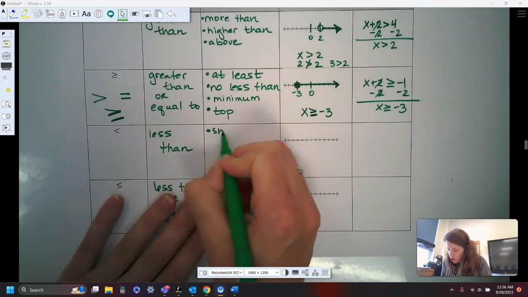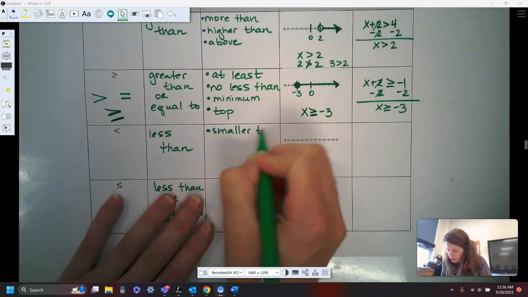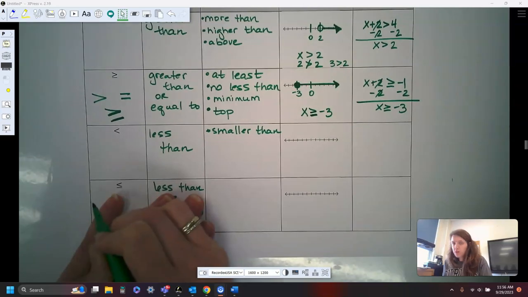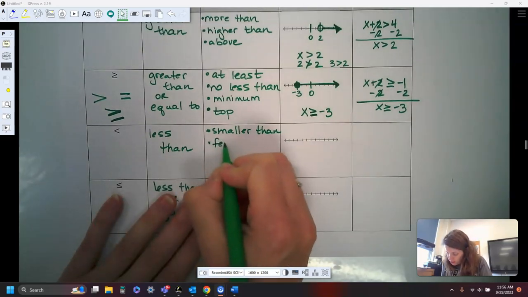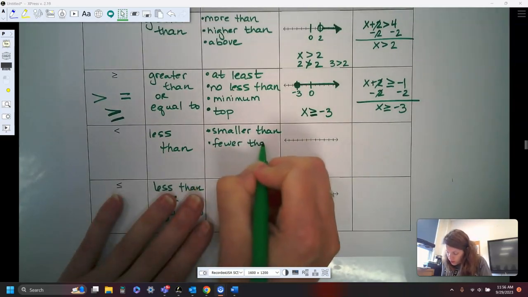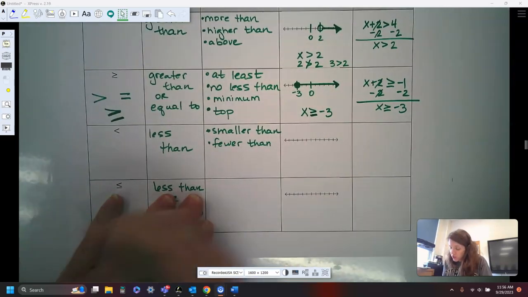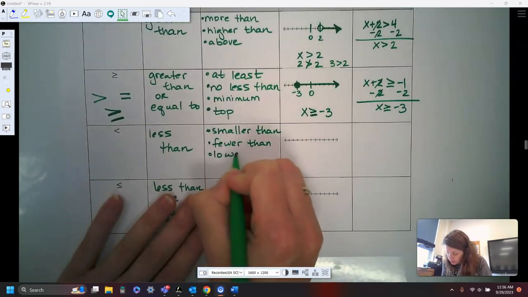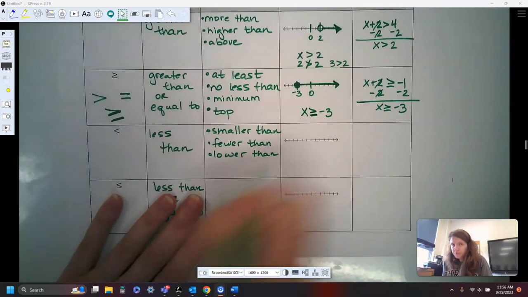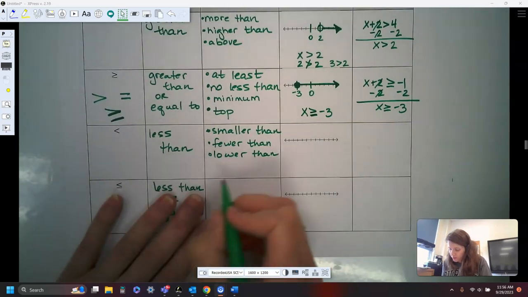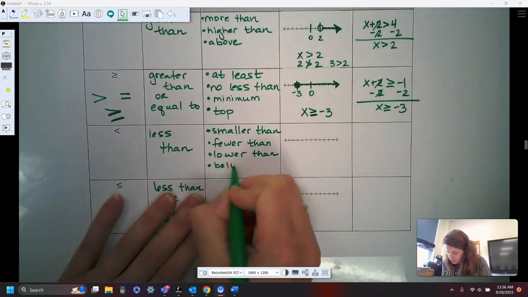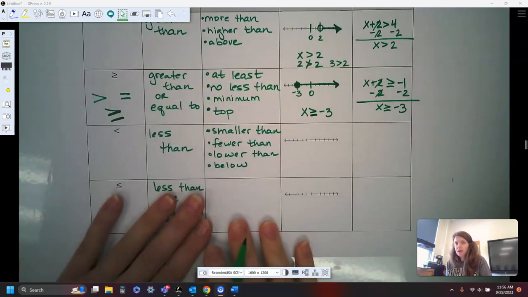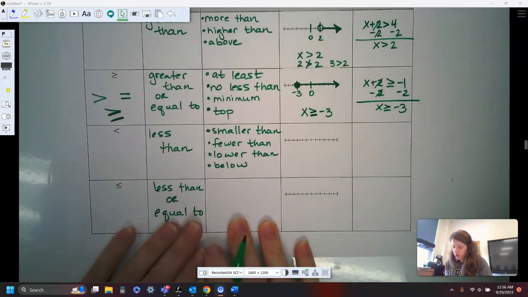You might hear the word smaller than. You might hear the words fewer than, lower than. You might hear below.